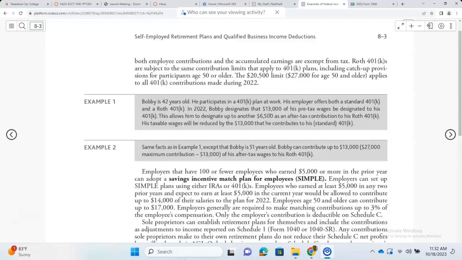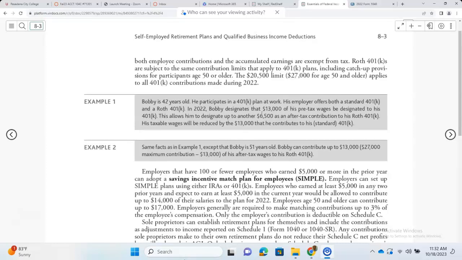So 7,500 additional in the Roth 401k. And his taxable wages will decrease by $13,000 because he put money in the regular 401k.